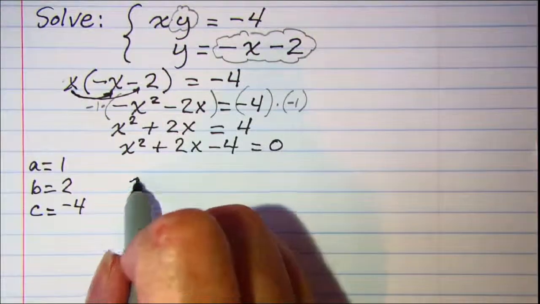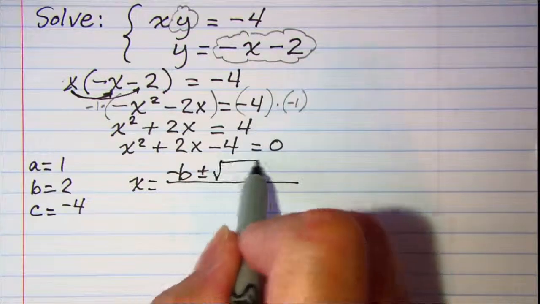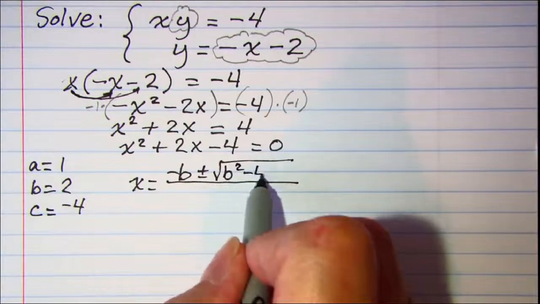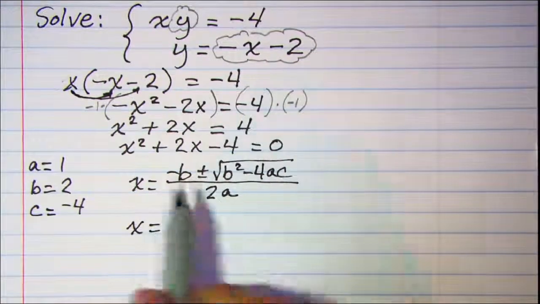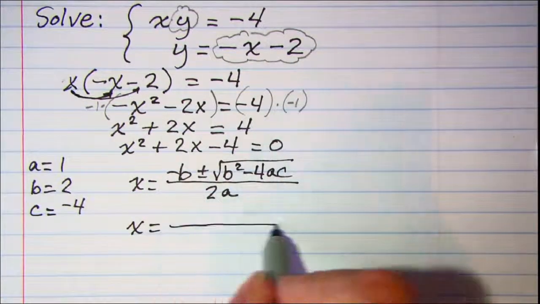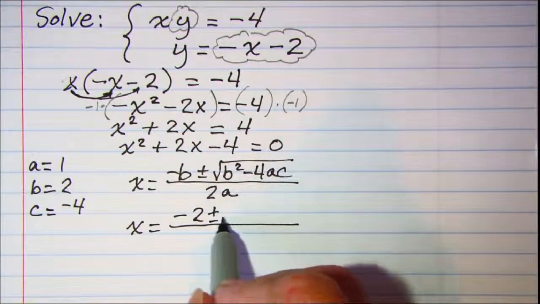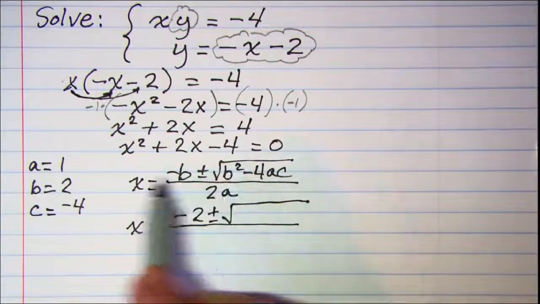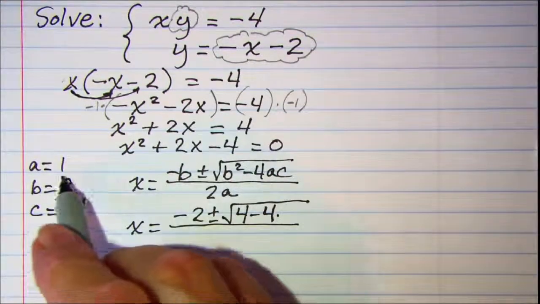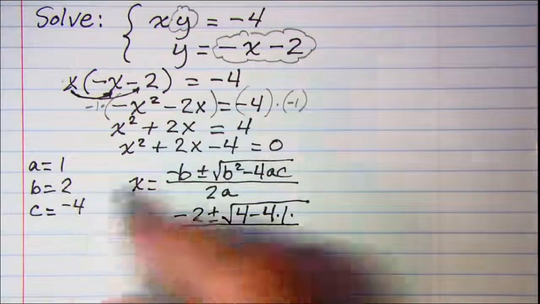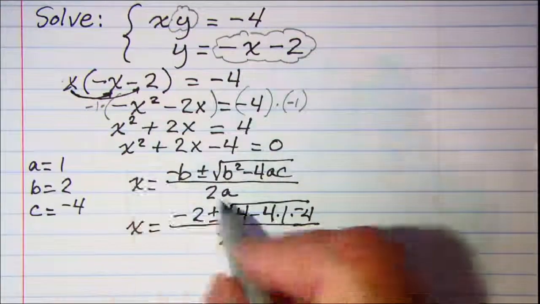Our formula says x is equal to -b plus or minus the square root of b squared minus 4ac all over 2a. So now let's sub in our values. We need a negative, and then b is 2, plus or minus the square root of b squared. So 2 squared is 4 minus 4 times a, which is 1, times c, which is -4, all over 2 times a, which is 1.